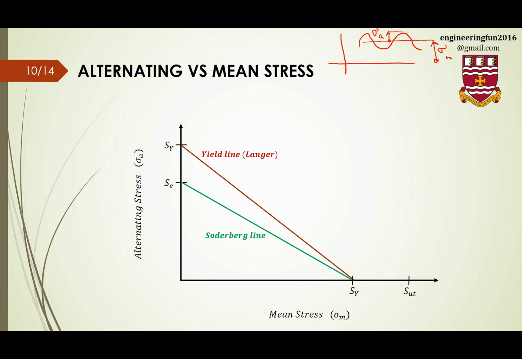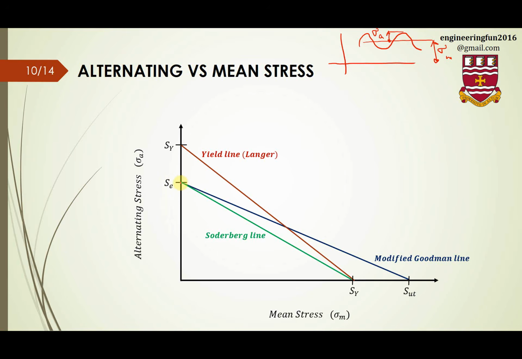And we can have different types of scenarios here. When mean stress is 0, we said that we are in a completely reversed scenario, and this endurance strength is more important for us. This is what we discussed so far. We discussed the Marin equation, how to find this number.